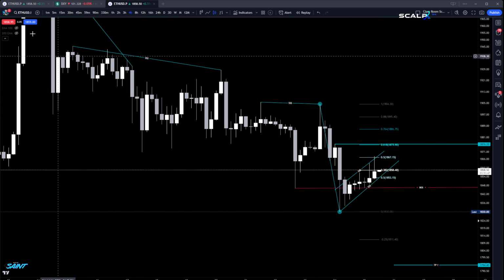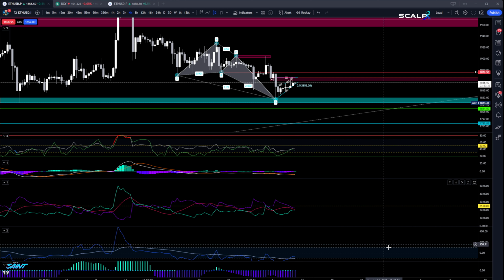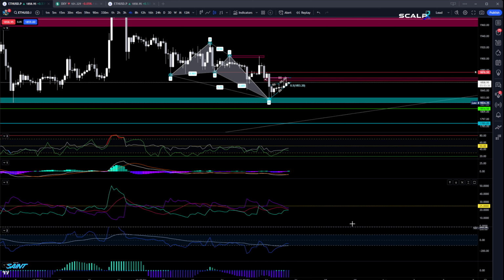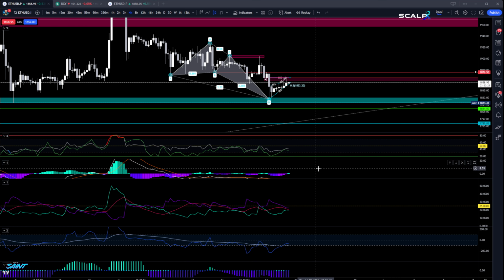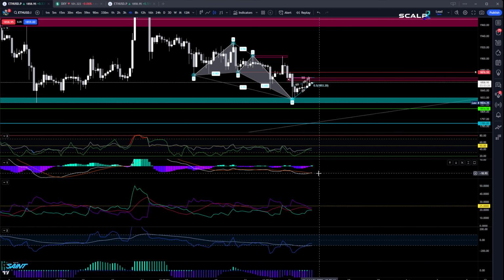Yeah, it's good to peek at some indicators too. You have bullish momentum, but the problem with these indicators, number one, they're lagging, but number two, they're still technically bearish. Your MACD is still bearish. Your MACD crossed over the signal line, and we're showing a hint of green, but anything underneath the zero line on a MACD is considered bearish. Same thing for RSI.